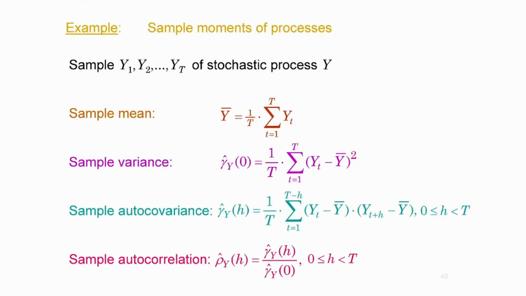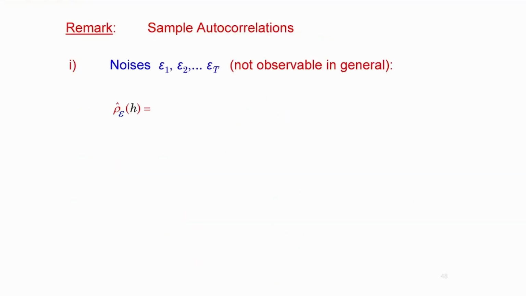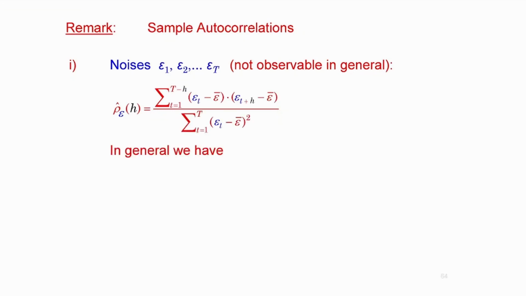This is something else. Anyway, this is different than the expectation of the random variable. If I say mean, it could be the sample mean or the theoretical mean. You have to figure out from the context. If you see something like this, this is the sample mean of the noises.